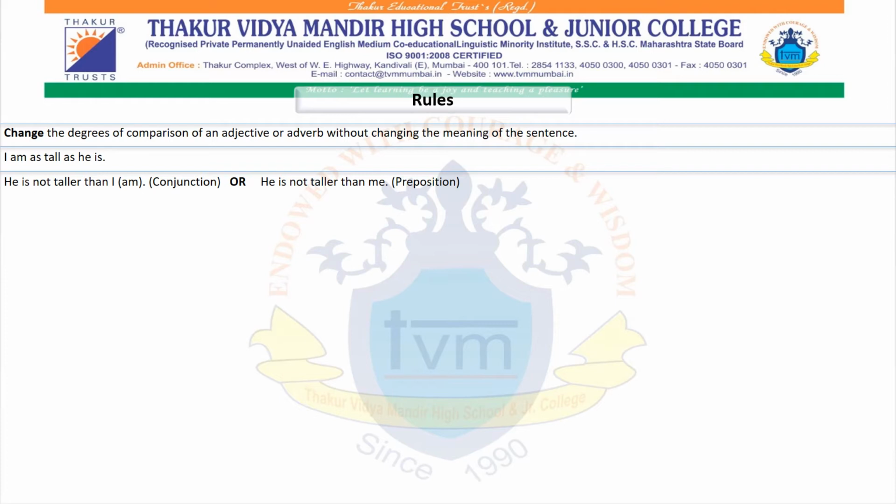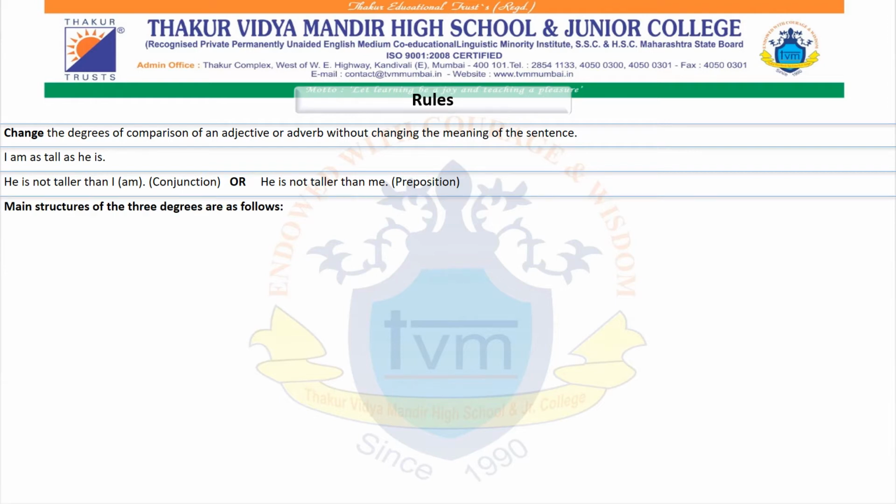He is not taller than I am is correct, because here than has been used as a conjunction, and that is why there is a subject as well as a verb after the conjunction than. Or he is not taller than me is also a correct sentence, as than is used here as a preposition, and after the preposition comes the object, that is me.